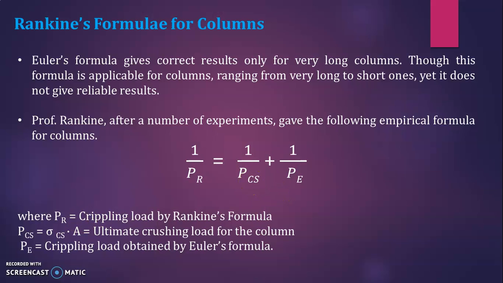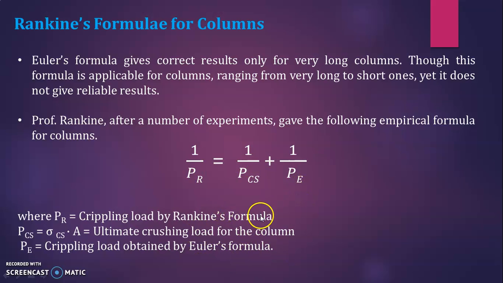We know stress is equal to load divided by area, so load is equal to stress into area. So PCS is the ultimate crushing load for the column, and PE is the crippling load obtained by Euler's formula. You know PE is equal to pi square EI divided by LE square.